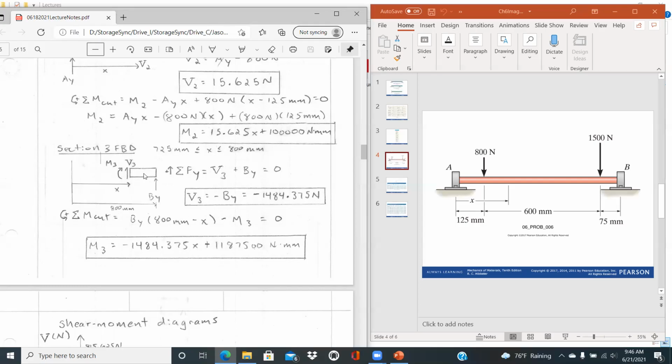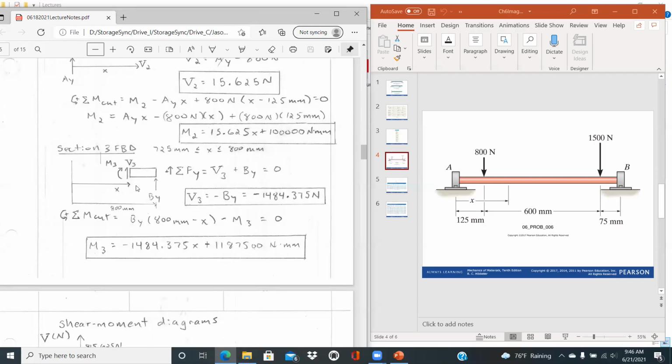And so we can establish it with this free body diagram, summing forces in the Y. You'd have V3 plus BY is equal to 0, which tells you that V3 is equal to minus BY, minus 1,484.375 newtons. And summing moments about the cut, counterclockwise positive, that distance of what's remaining is 800 millimeters minus X. So we'd have the counterclockwise moment created by BY.